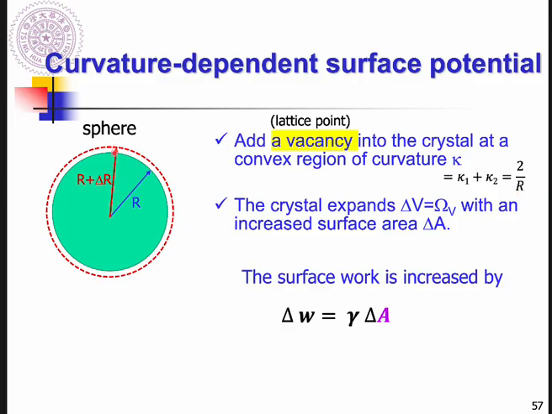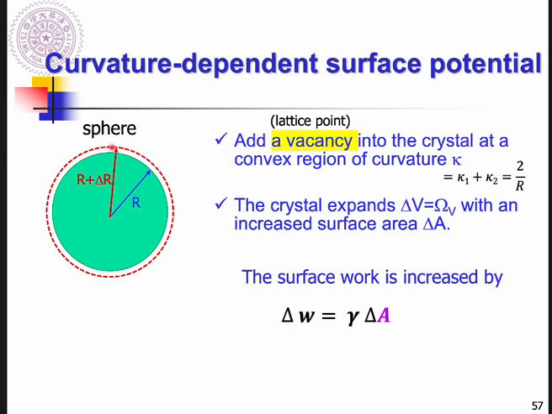And as I mentioned, when I add the lattice point on the surface of the sphere, you will not only have an increase in radius, but also an increase in the volume and the surface area of the sphere. So the crystal expands by delta V, which equals omega V, and you also have the increased surface area delta A.